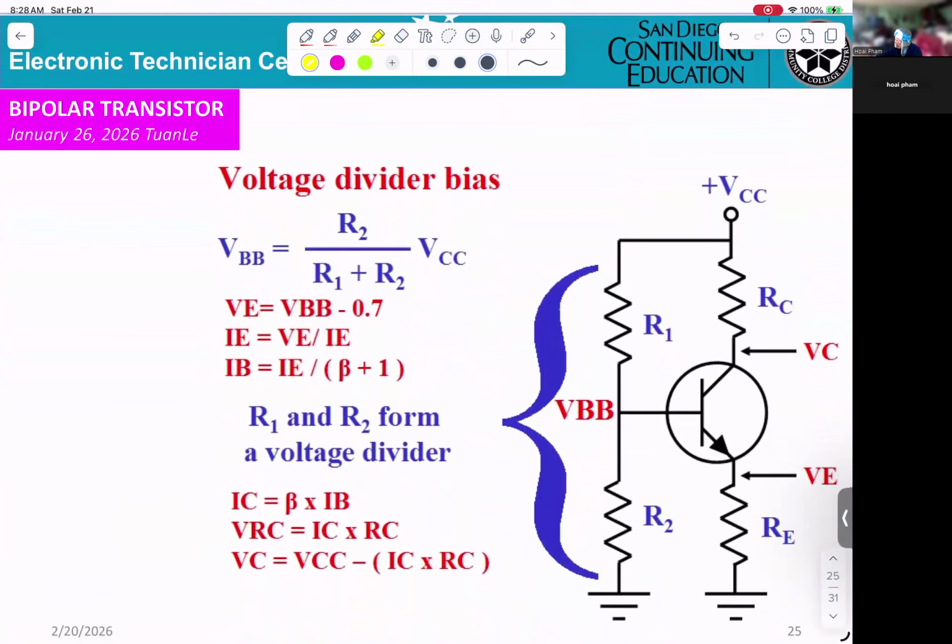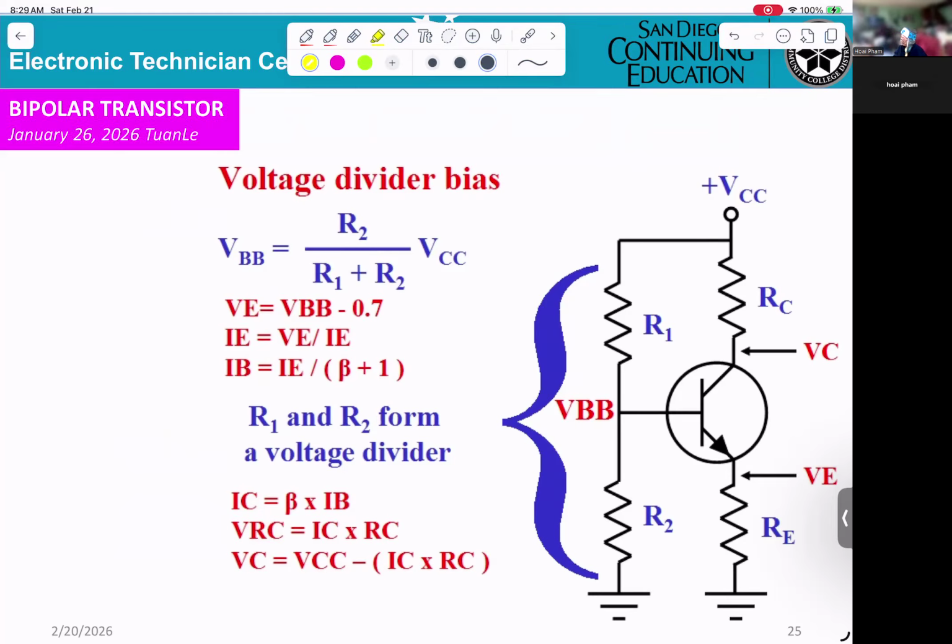Now, this is a voltage divider. We will be using it on the path. Normally, using two power supplies is not a good way to do it.